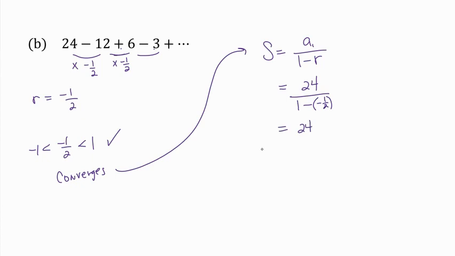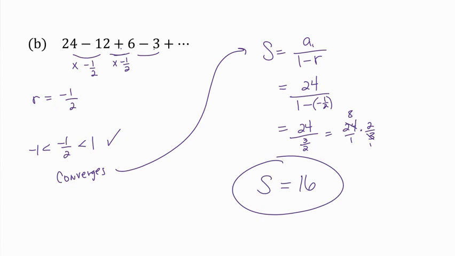That would become 24 over 1 plus 1/2 would be 1.5, which is 3/2. And again, remember, dividing by a fraction would be the same as multiplying by the reciprocal, so times 2/3. I can put my 24 over 1 and do a little reducing here. That's a 1 and an 8. So then we get a sum of just 8 times 2, which is 16. So there's our sum this time, right?